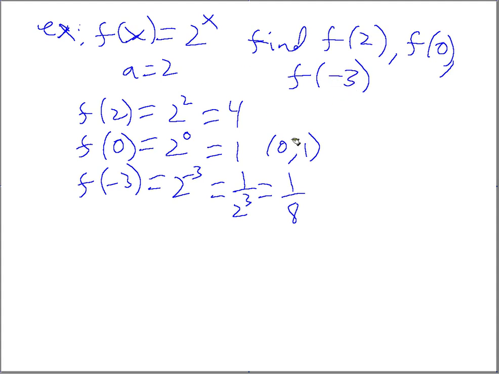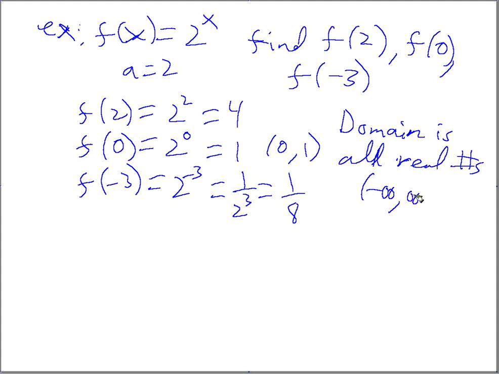So the domain for this particular exponential function is all real numbers. In fact, for the general form I had earlier, that is the case. All real numbers, or negative infinity to infinity if we're using interval notation. Domain is all real numbers. Now, what about the range?